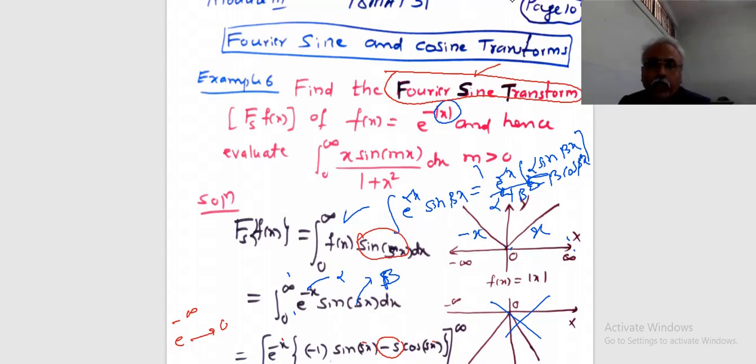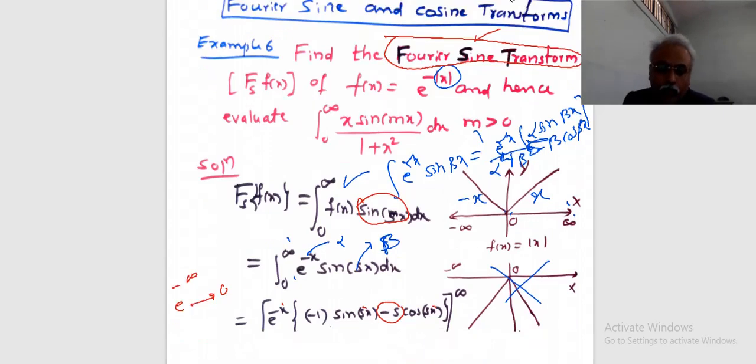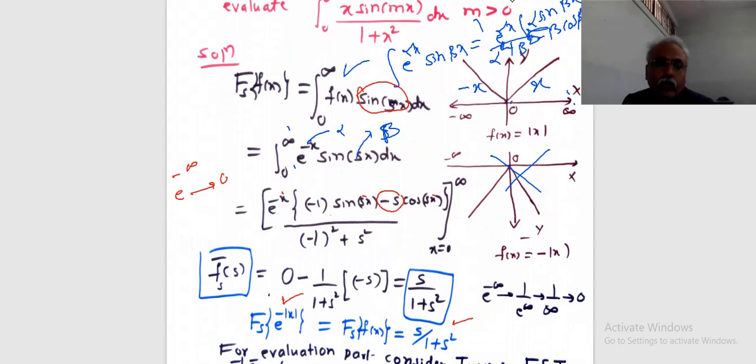So the function is e raised to minus x, because 0 to infinity is positive, x remains as it is. Using the formula, we wrote the answer of this integration. Wherever x is there, if you put infinity, e raised to minus infinity has become 0. Minus of the lower limit, x equal to 0: e raised to 0 is 1, sin 0 is 0. So minus s remains, s by 1 plus s square, this becomes our answer.